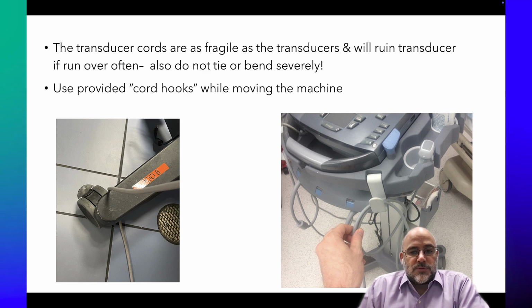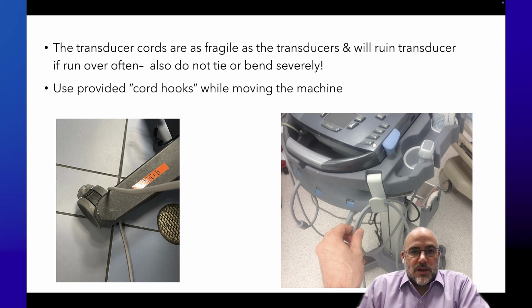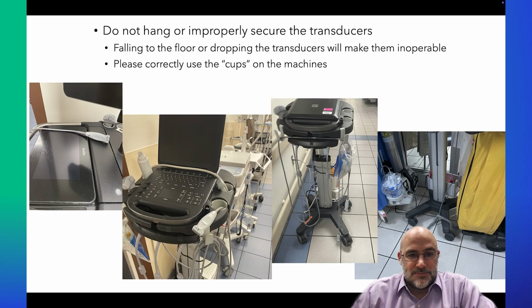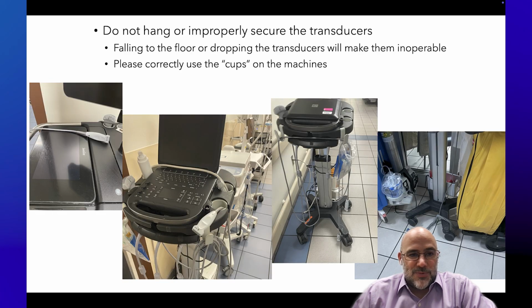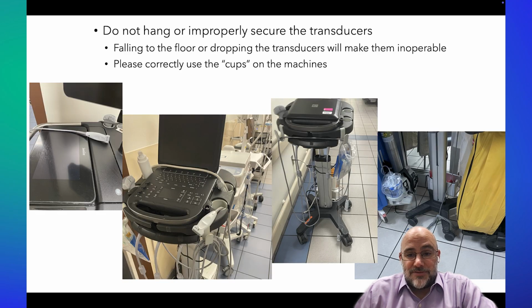So we need to make sure that we use the little cups that are available on the ultrasound machines to hold the quite expensive transducers, and we need to use any hooks to keep the cords off the ground so that we're not running over them and causing them damage, which will require a replacement.